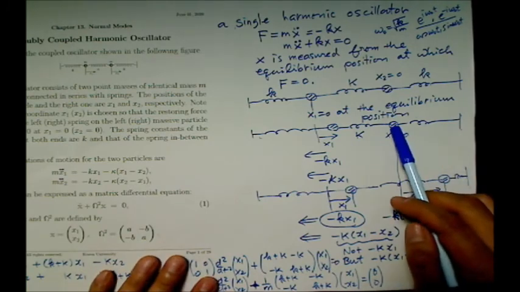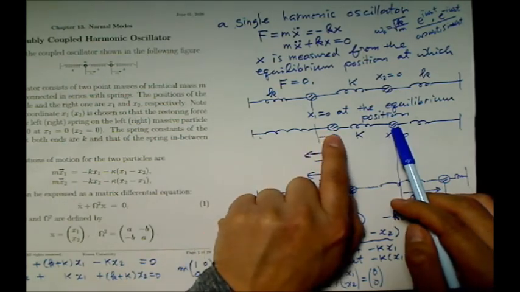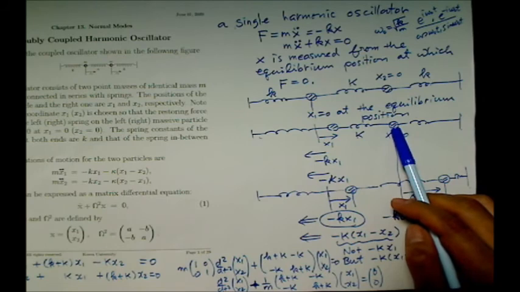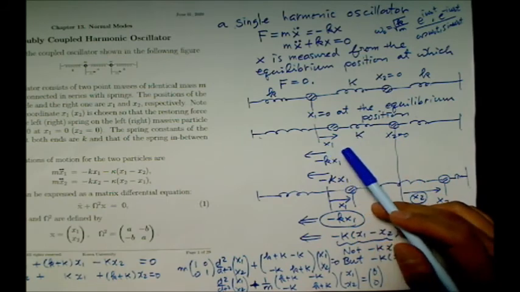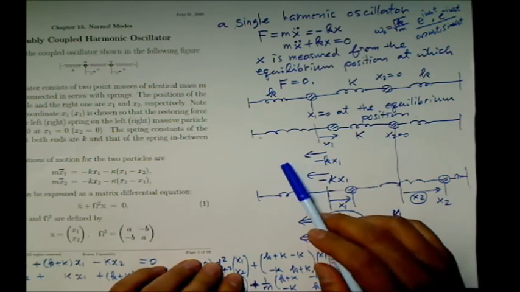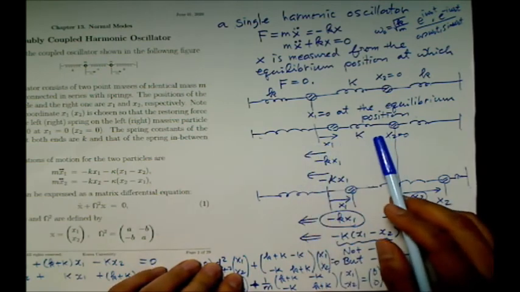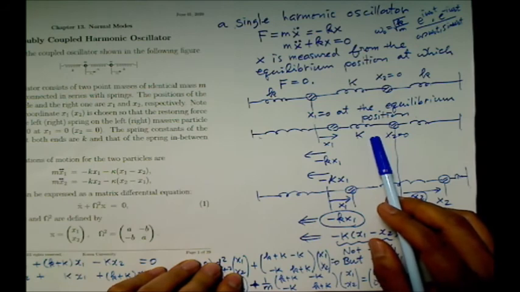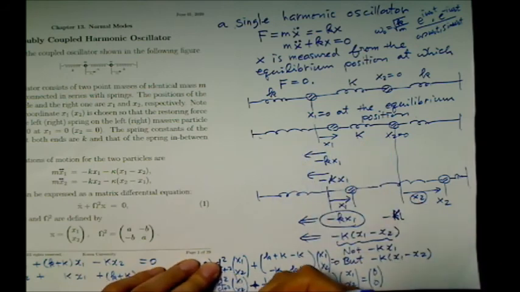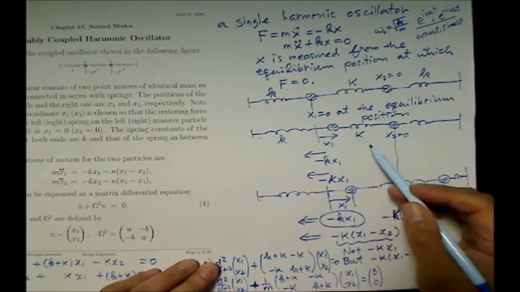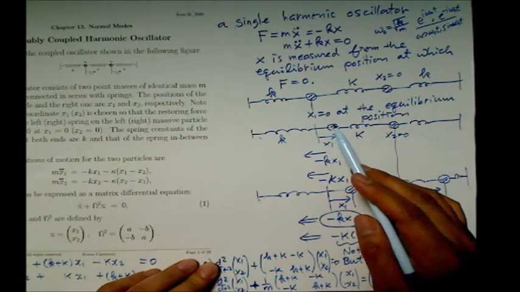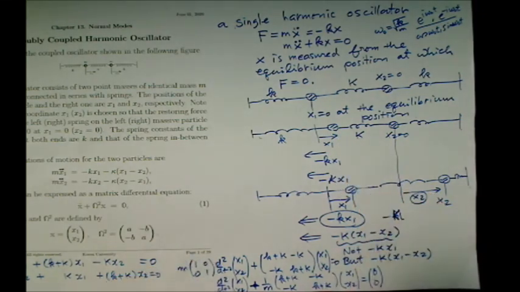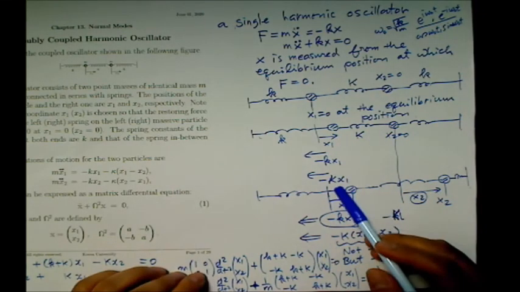Let us keep x2 at rest and just shift the first massive particle to the right by the displacement x1. The restoring force appears in the left spring and right spring both. Because the spring constant is k for the left one and kappa for the right one, the force applied to this object is minus kx1 and minus kappa x1.